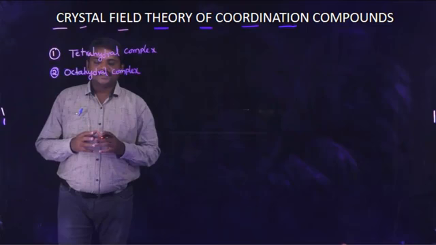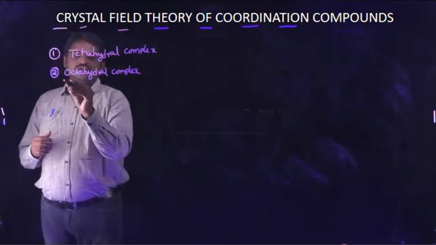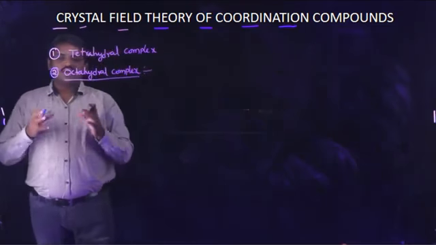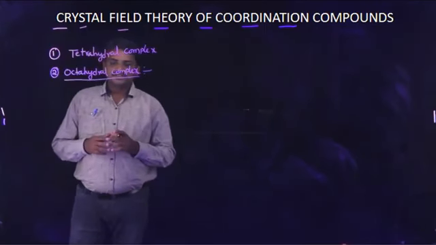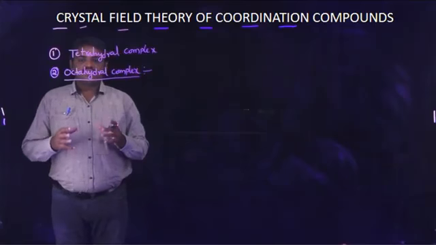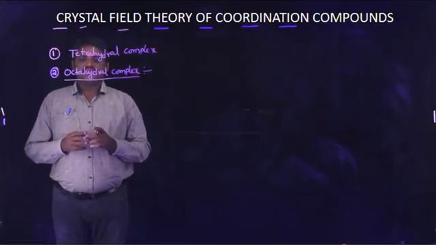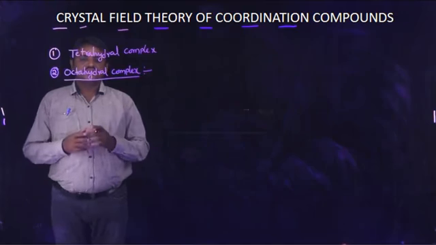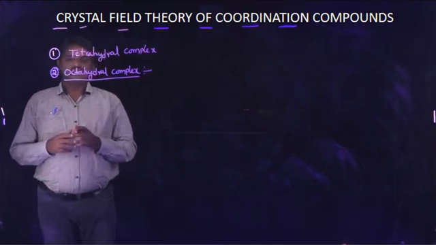First I am going to discuss the octahedral complex. Octahedral complex means the given coordination compound contains 6 ligands. These types of complexes are known as octahedral complexes.